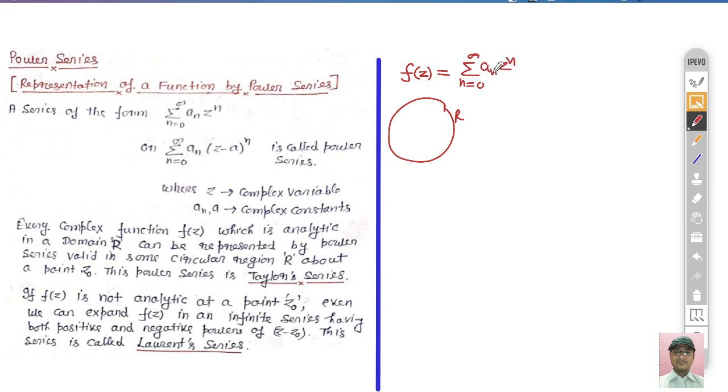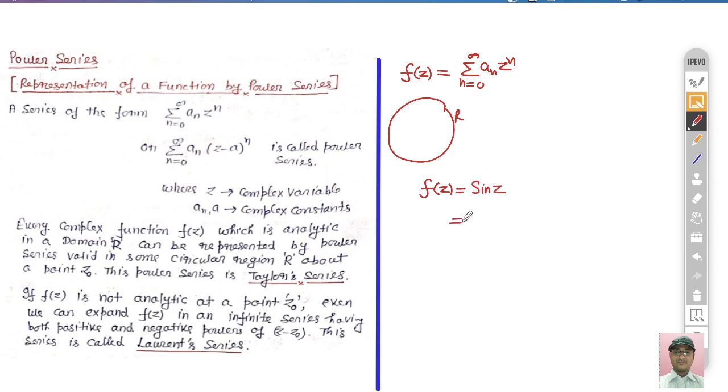Any series that can be expanded as a power of z is called a power series, right. For example, you can understand this by a simple complex function f(z) = sin z. It can be expanded as a power series.